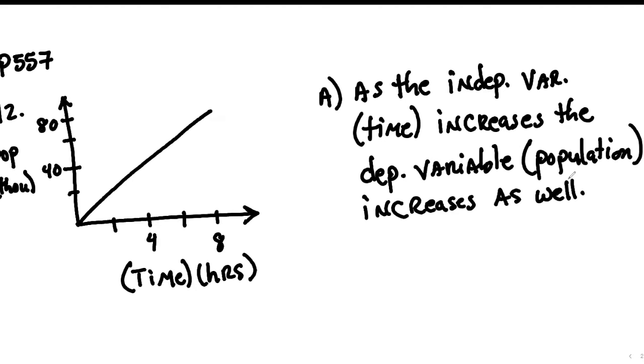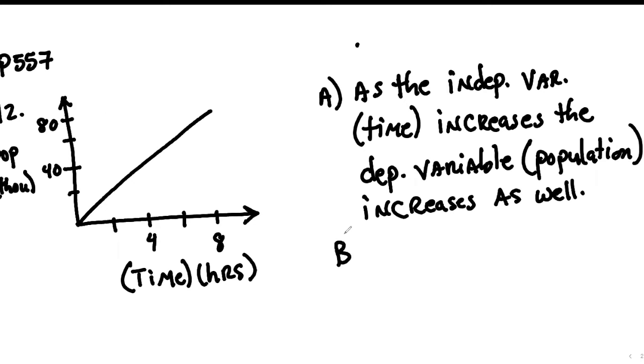So as my independent variable time increases, the population also increases. So this is going to be the written description of this graph. So as my x value increases, my y value increases.